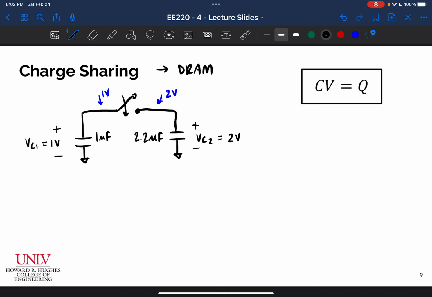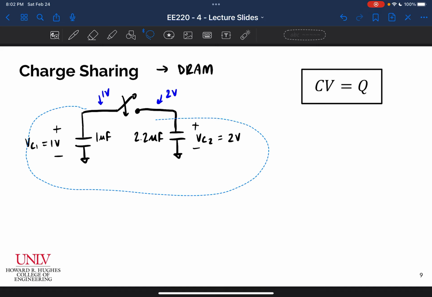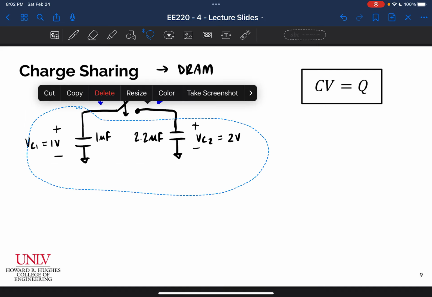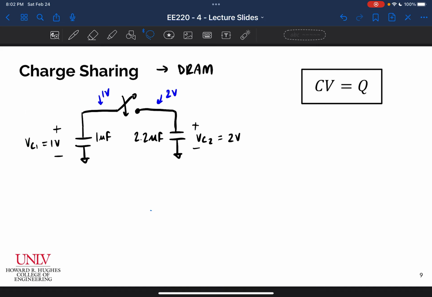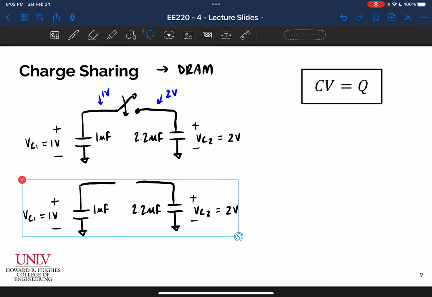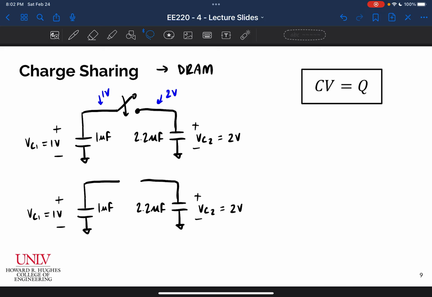And so I think it's probably best to draw the equivalent circuit when the switch does close. So let me go ahead and do that. All right, so when the switch closes, let me erase these initial conditions.